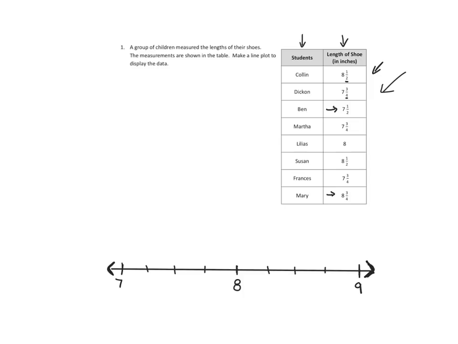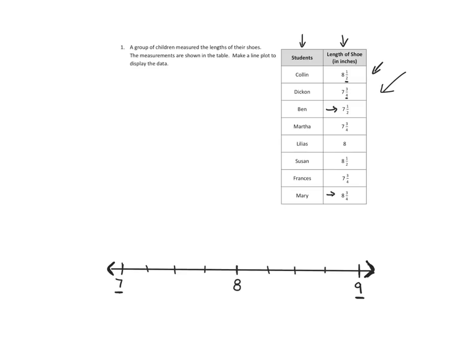So just recapping what I've done so far, I looked at my data set, found the smallest value to determine what my smallest value on my number line should be, found the largest value to determine what the largest value on my number line should be, then I looked at the fractions to see how I should partition my number line, and I partitioned it into fourths.